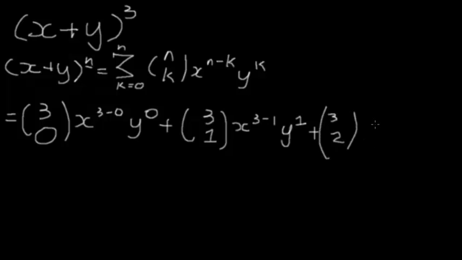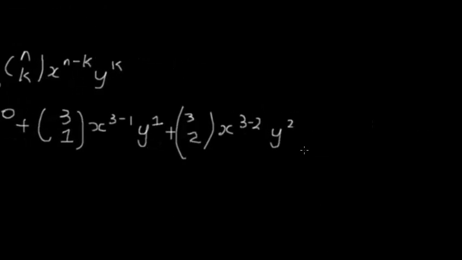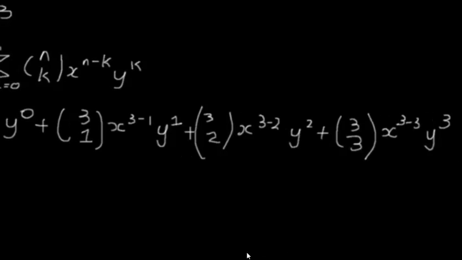I should have color coded this. And then moving on, we have plus 3 choose 3, and then x to the power of 3 minus 3, and then y to the power of 3. I was confused for a moment there.